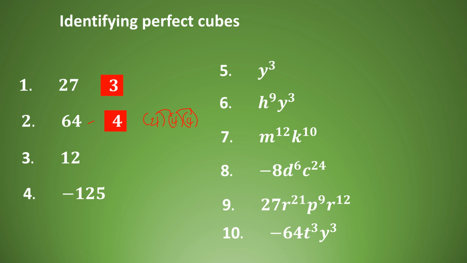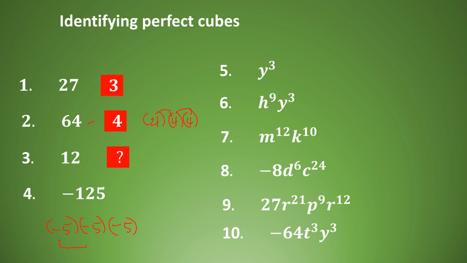What about 12? I think there's no such number that if you multiply it by itself 3 times, there's no such a product of 12. So therefore 12 is not a perfect cube. What about negative 125? Okay, so is there such a number? If you try negative 5, multiply by negative 5 and another negative 5.